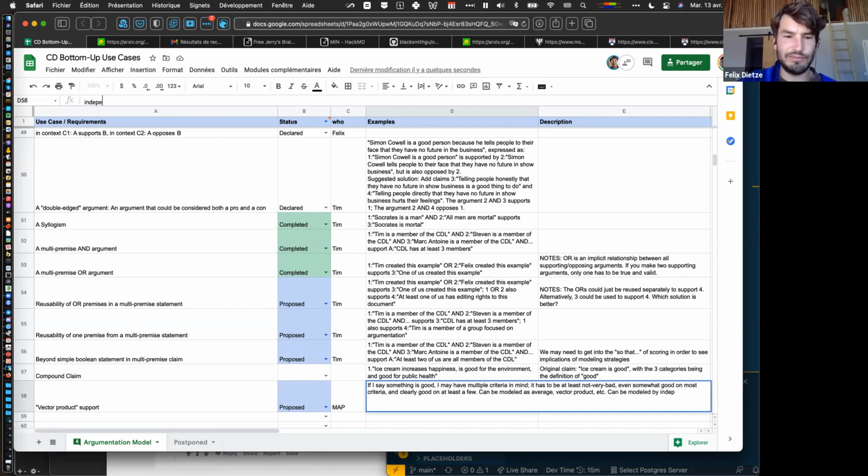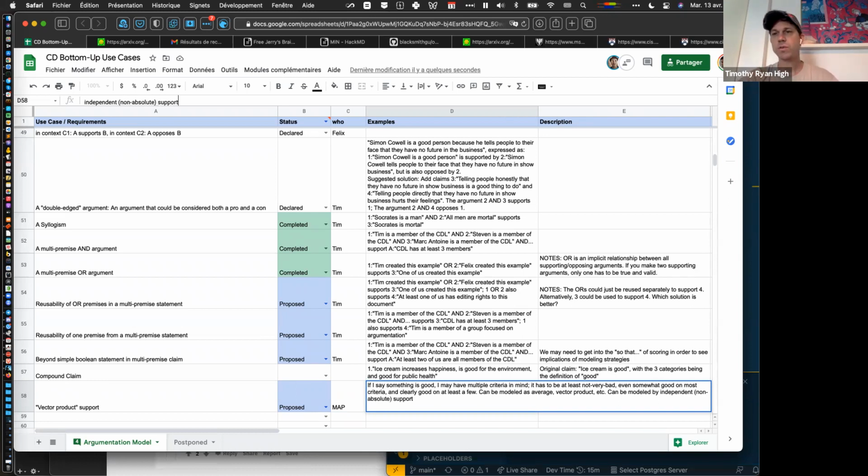Yeah. Well, okay, but here's the thing: what we're looking at is a claim. Ice cream increases happiness, is good for the environment, and good for public health. Is that a claim, or is it not a claim?